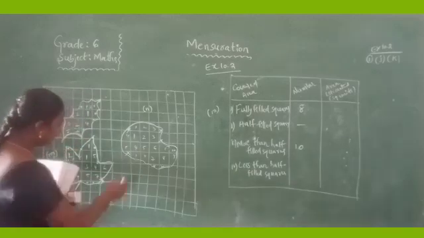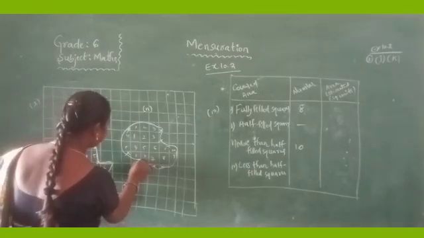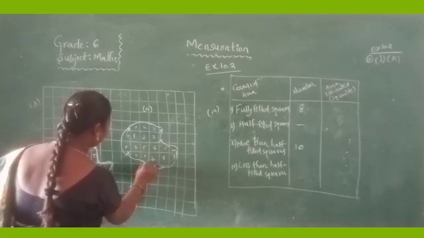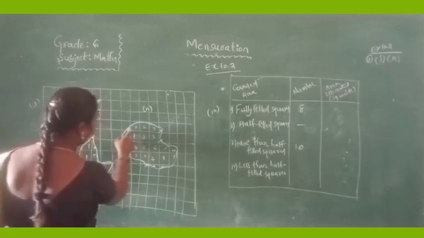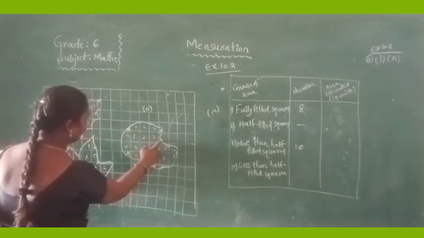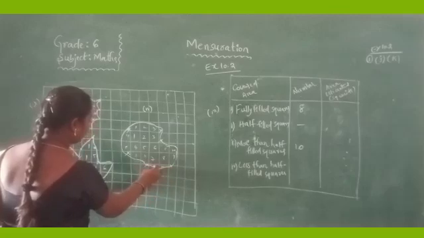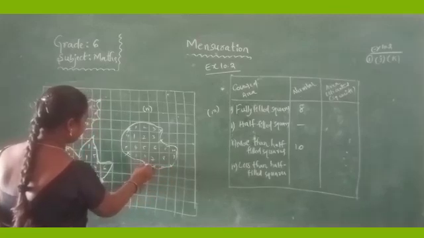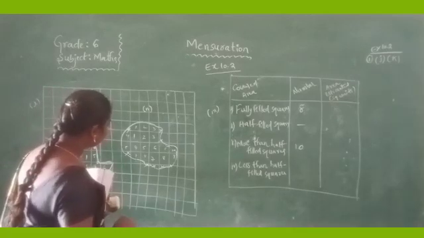See, children. This one, that's why I said you have to draw. So how many? 1, 2, 3. Next 4, 5, 6, 7. Only 7 came here.